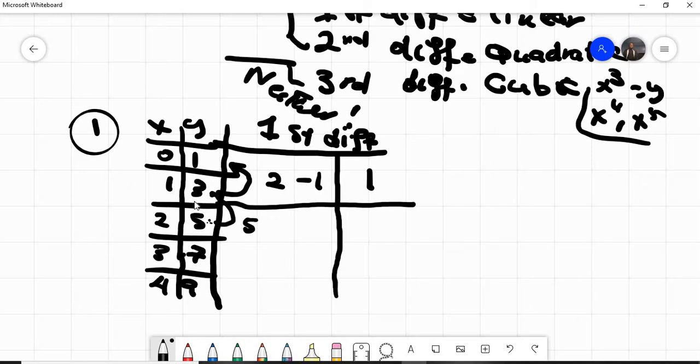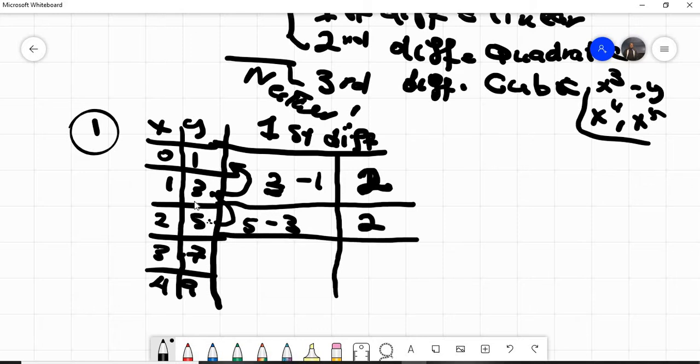I wrote 2 for the first one, and it was right, because 3 minus 1 is 2. I was thinking the answer was 2, so I wondered what was wrong. 5 minus 3 is 2.